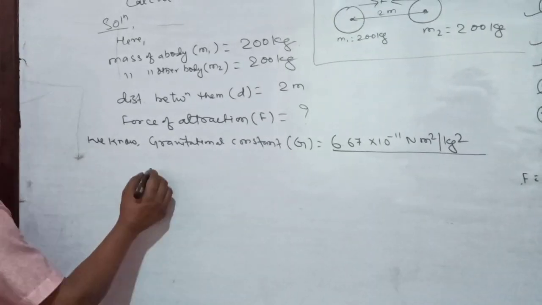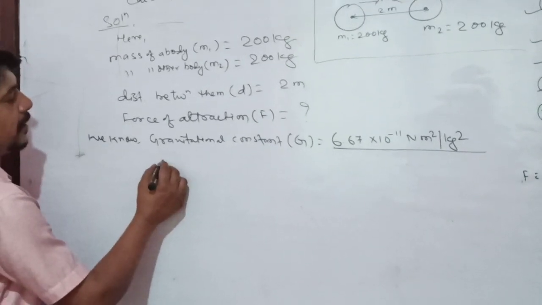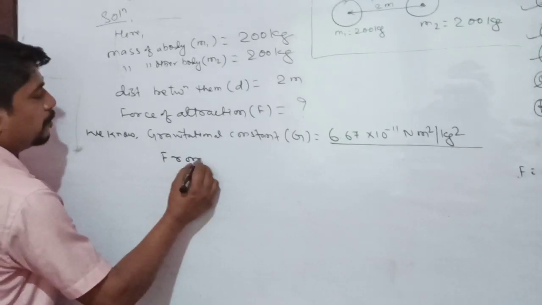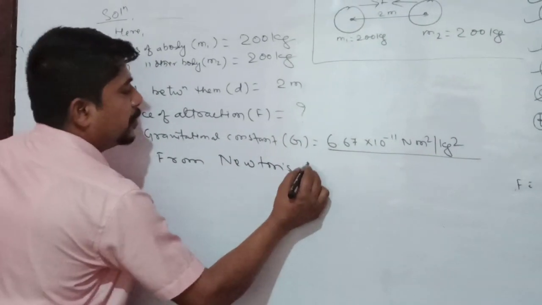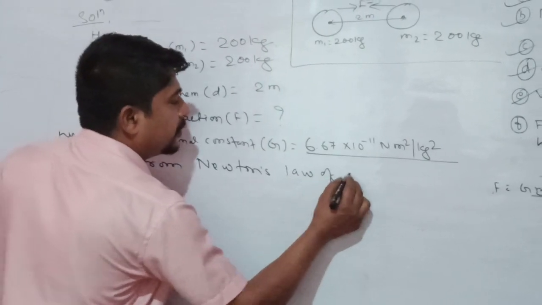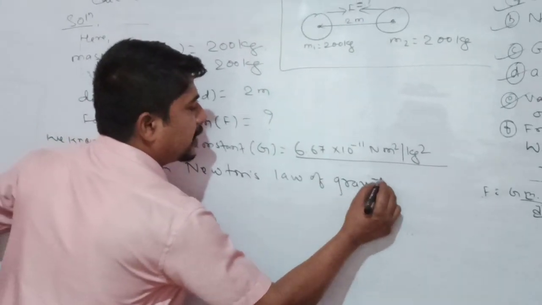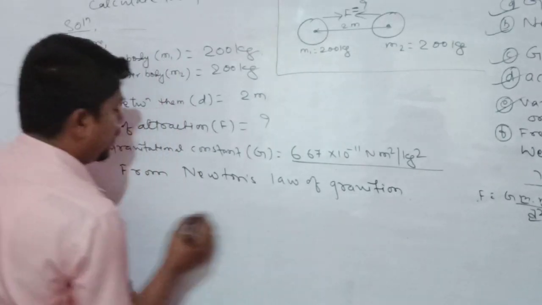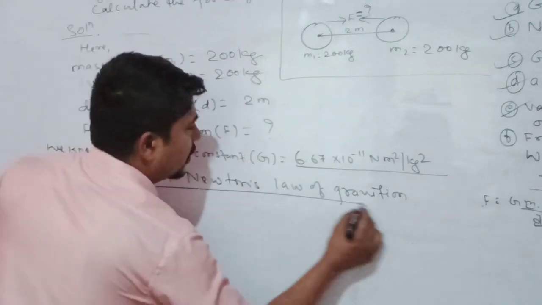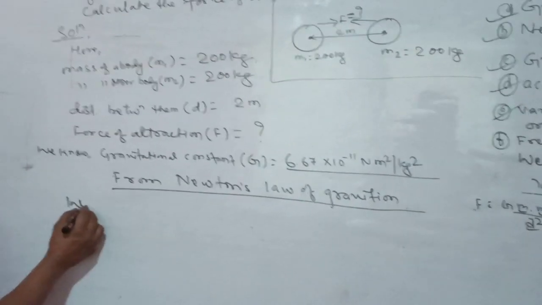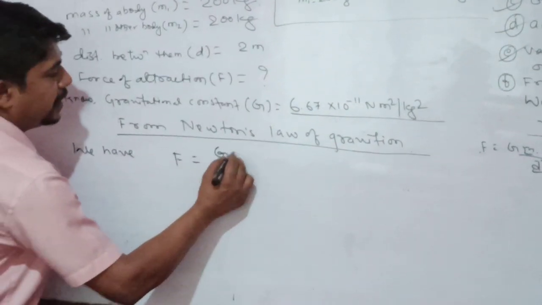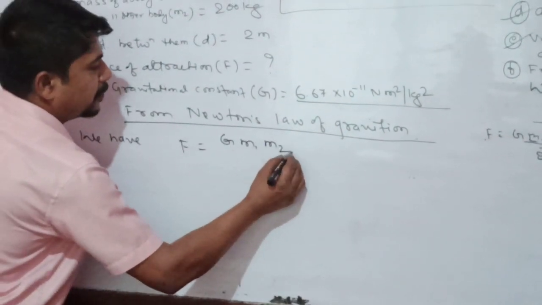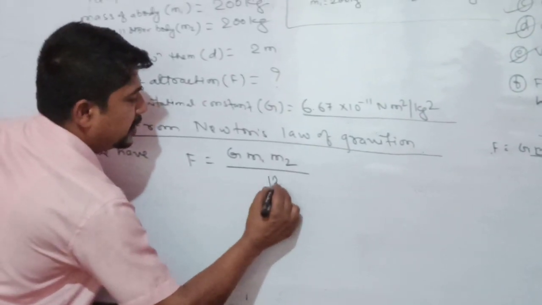Now we will be solving the equation using the formula, which you can simply write from Newton's law of gravitation: F equals G m1 m2 upon d square.